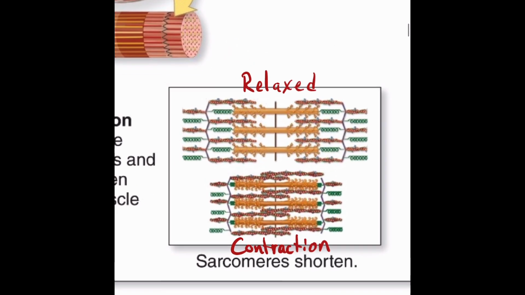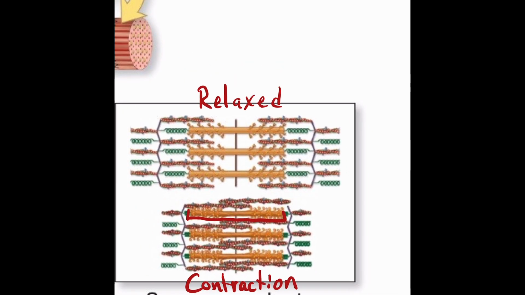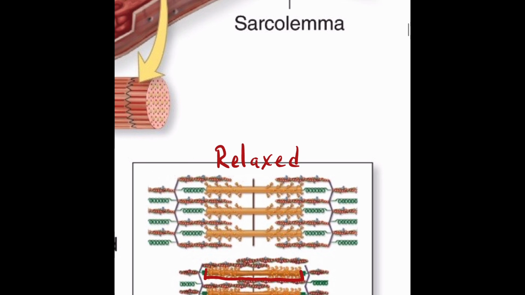Okay, so I'll just use one of these. Essentially, this is a myosin, I believe. Yes, correct. So this is the thick filament of a sarcomere, right?